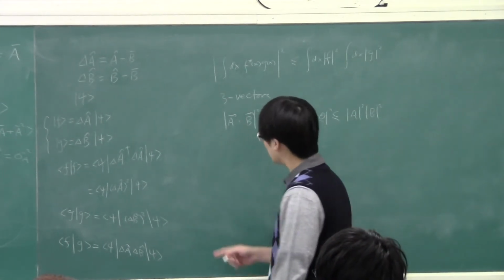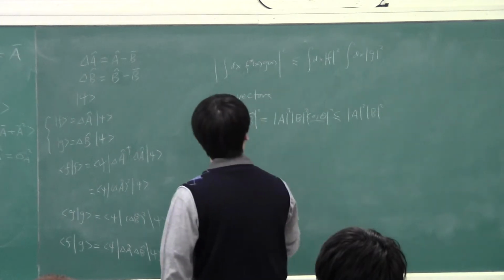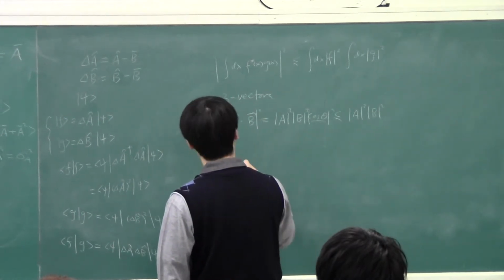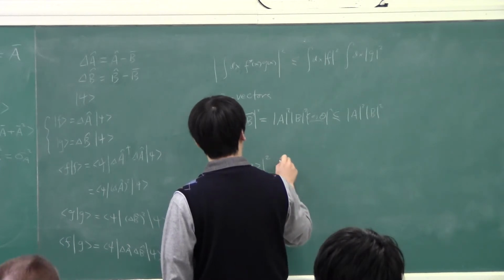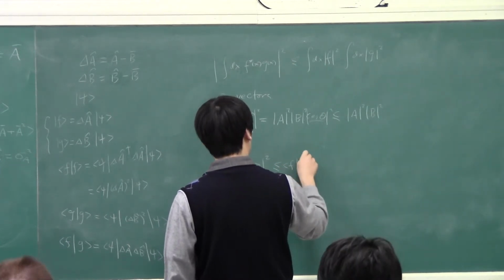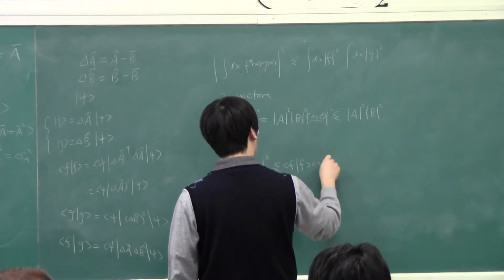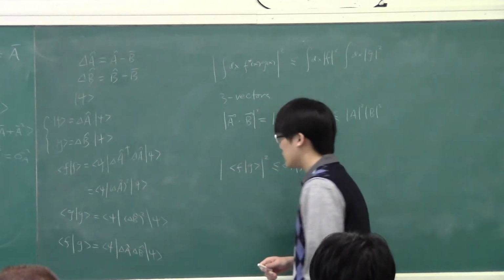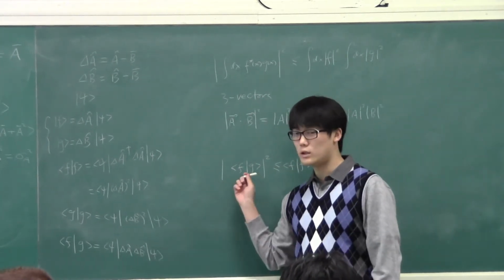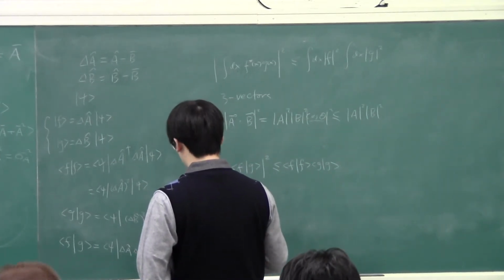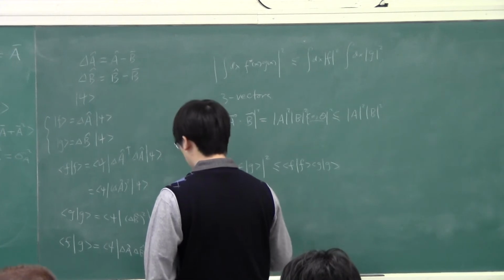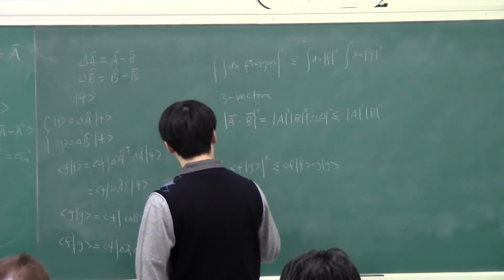So now translate this into the Dirac notation. We get, so now if we plug in these for each term, then we have put a lower bound on the product of the variances.